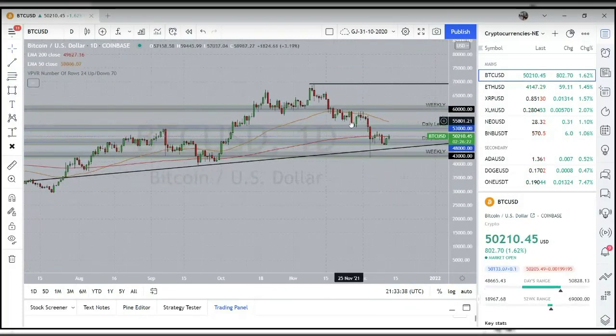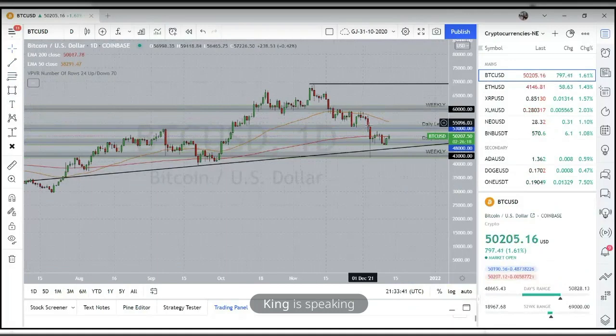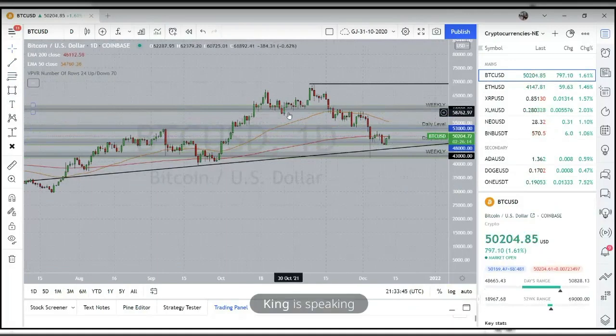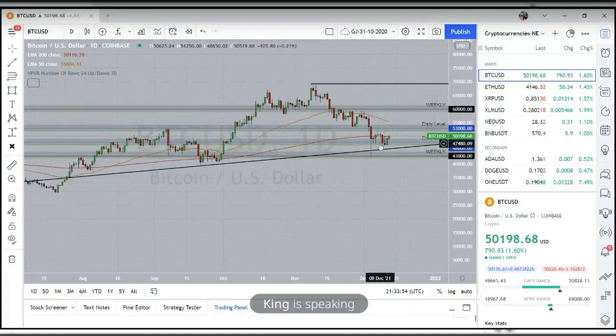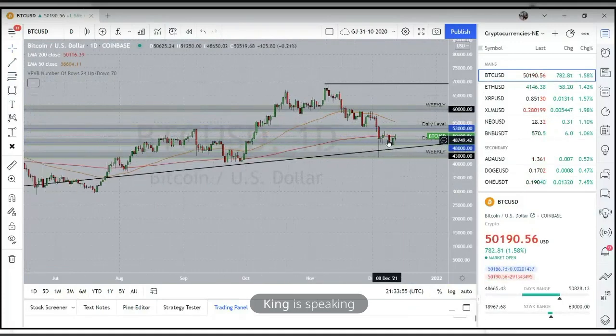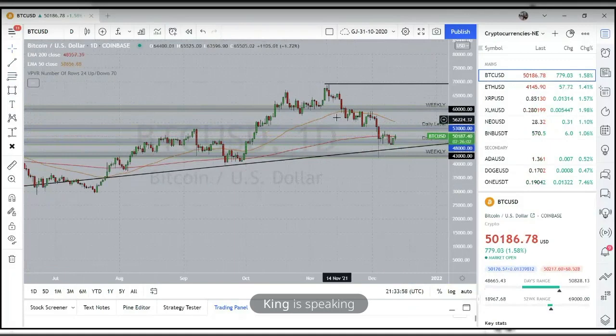If the 50 breaks on a daily, I'm usually looking for a trade down to the 200 EMA, especially if we've got a broken market structure and price not looking very strong. So yeah, it's broken it here. As you see the 50 EMA is broken.